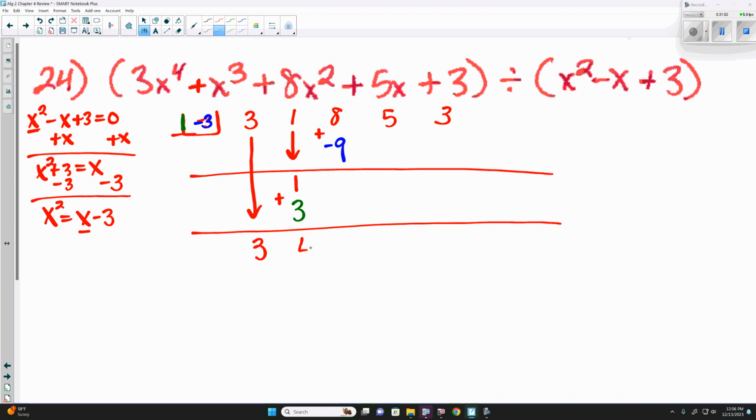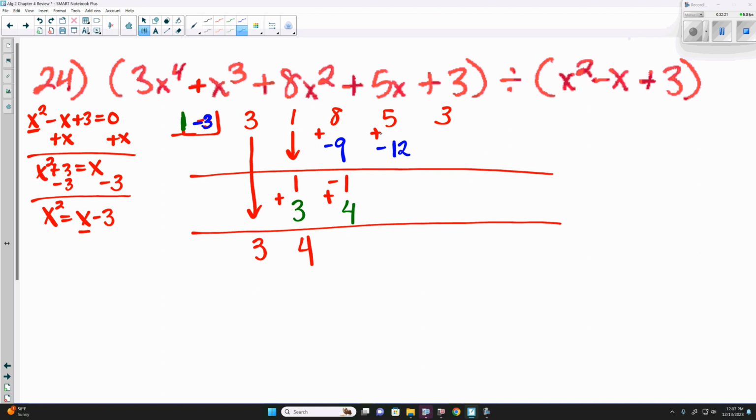At this point here, we add straight down. Our 1 plus 3 gives us 4. Our 8 plus negative 9 gives us negative 1. And we do this process again. So we're going to do 1 times 4, which gives us 4. Our negative 3 times 4 is negative 12. At this point here, we're going to add straight down.